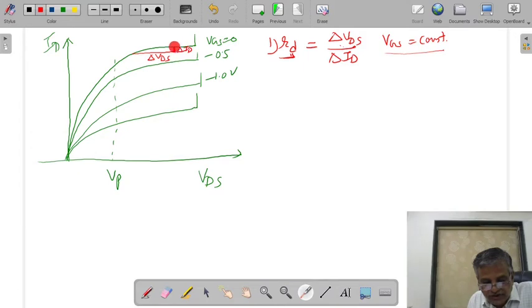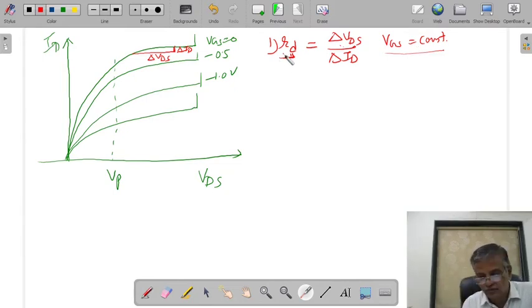It is 5 kilo ohm, 7 kilo ohm, 10 kilo ohm, like so. No need to remember the digits, but you must know the order. The order is a few kilo ohm.